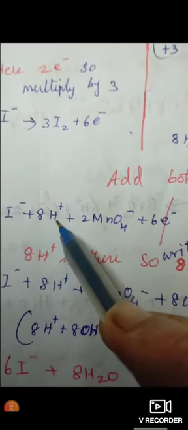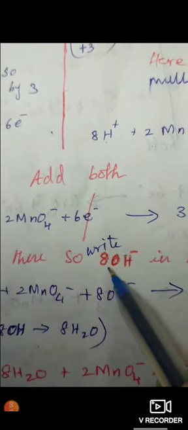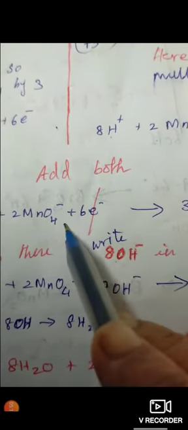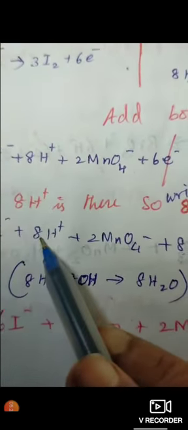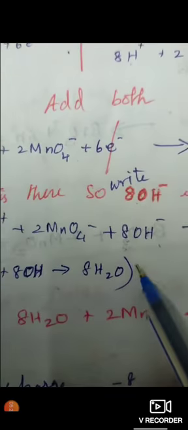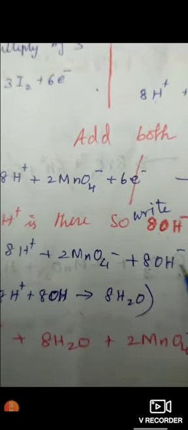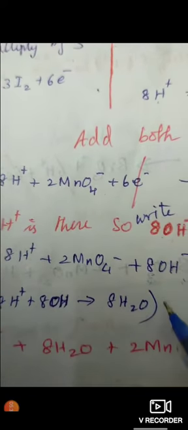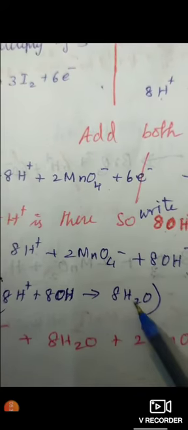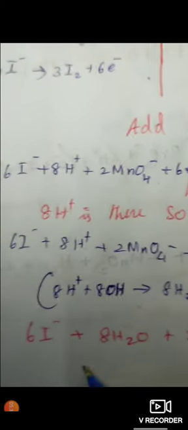So how many hydrogen ions are there? That many OH minus ions we have to write on both sides, reactant side as well as product side. So 8 OH minus here and here also 8 OH minus we have written. What happened here? 8 H plus and 8 OH minus are there. H plus ion combines with OH minus ion to give a water molecule. So 8 H plus and 8 OH minus convert into 8 water molecules.